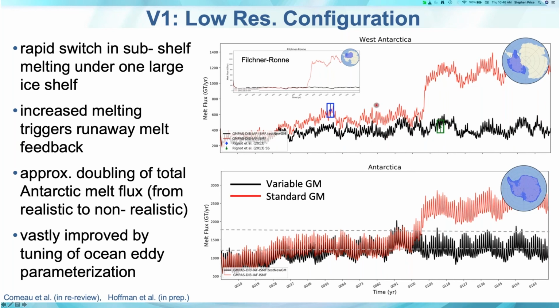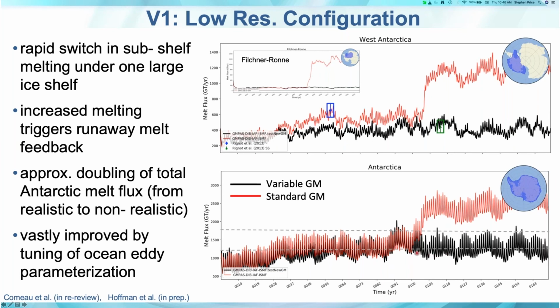That instability would eventually lead to roughly 2 times larger melt rates coming out of Antarctica than are expected or reasonable. So those are the red lines on these plots.